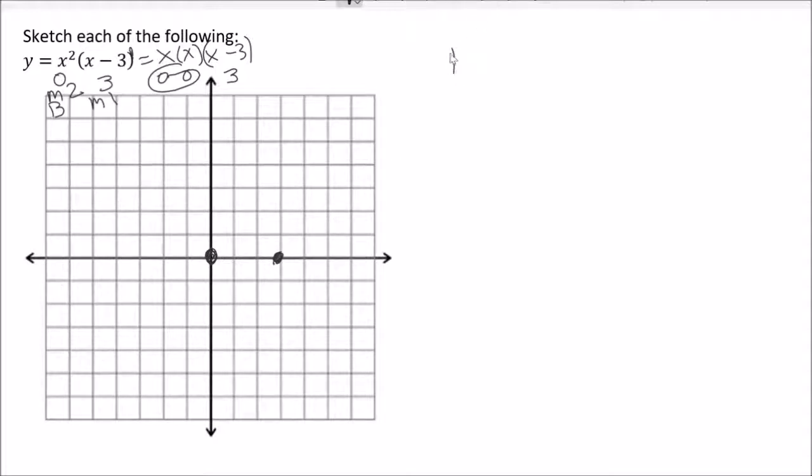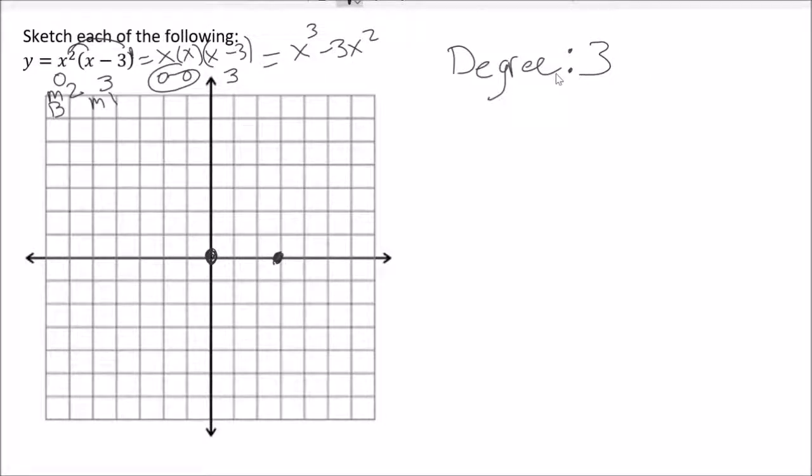I need to identify the degree so I can understand the end behavior. In the previous video, I said that the degree is the largest power that you see, which is true when it's in standard form. Standard form would be if we distributed and multiplied all those together, and it would say x cubed minus 3x squared. That's why the degree is 3.